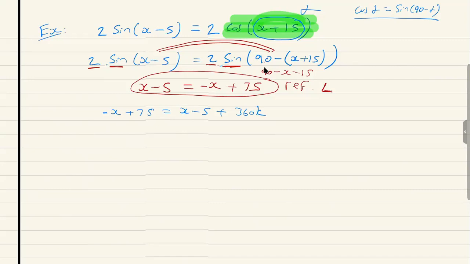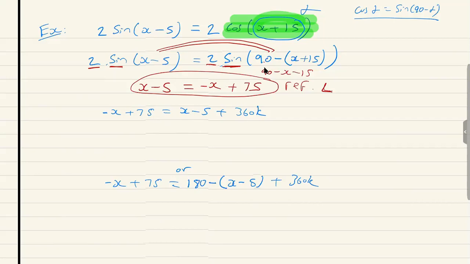It takes some space, and then I will say or negative x plus 75 is equal to, what is the rule for sine? Reference angle plus 360k or 180 minus reference angle. So 180 minus reference angle, x minus 5, plus 360k.